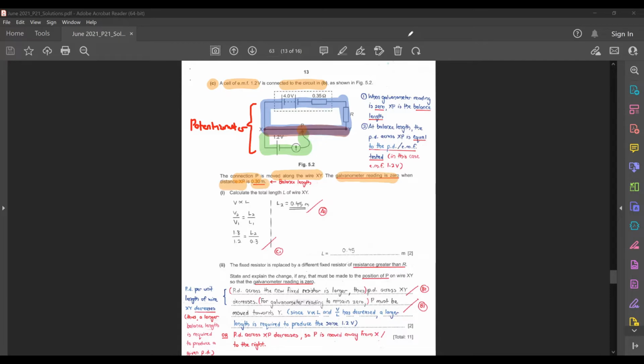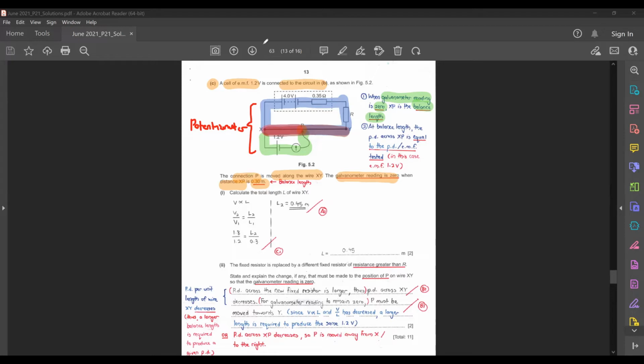Now, if you recall what you learned from a potentiometer, the moment your galvanometer reading reaches 0, you are interested in a particular length called the balance length. The balance length here is actually this wire XP, or rather the length XP here.